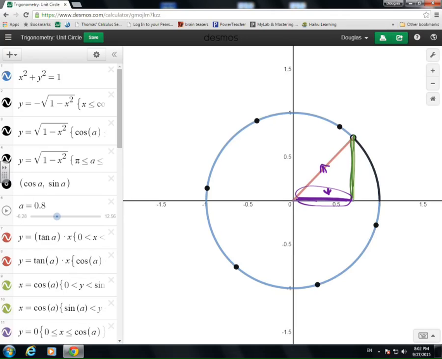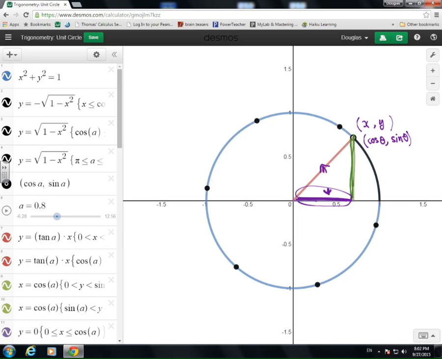If we rotate anywhere on this unit circle, we are going to have a point x and a point y, and because the hypotenuse of this right triangle is always 1, we can now say that the cosine of theta is always going to be your x coordinate, and the sine of theta is always going to be your y coordinate.